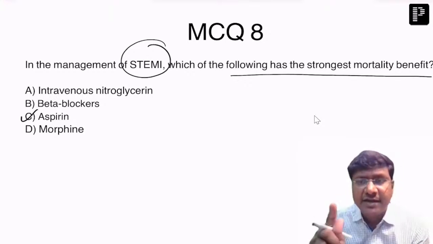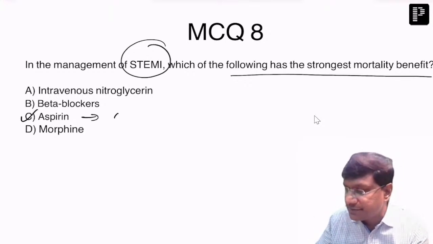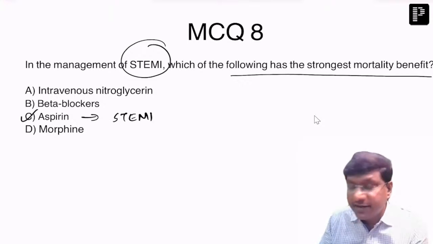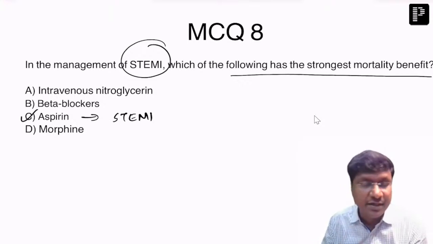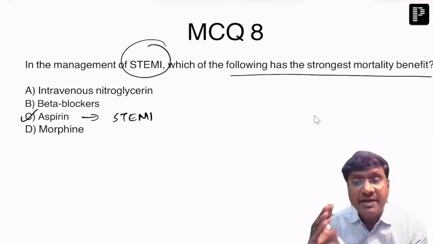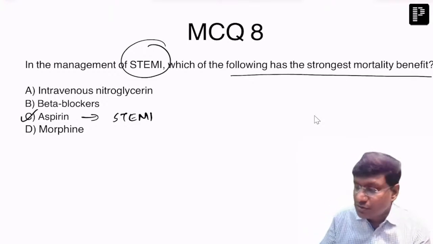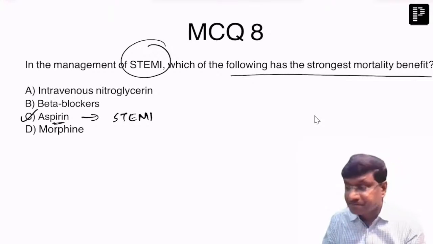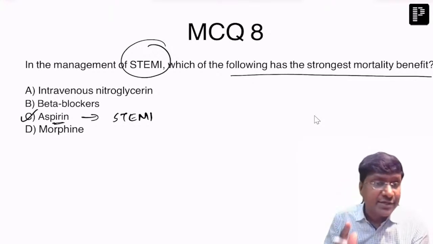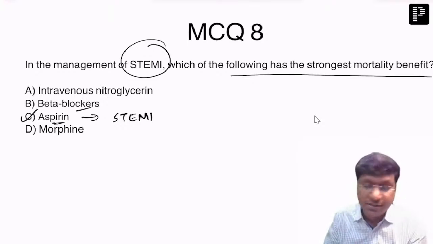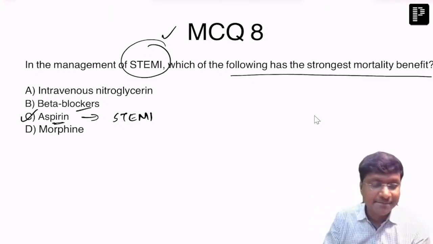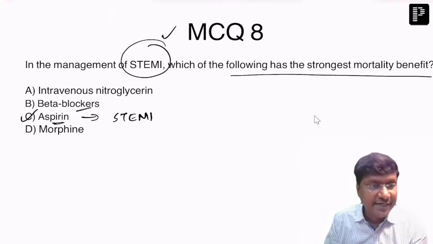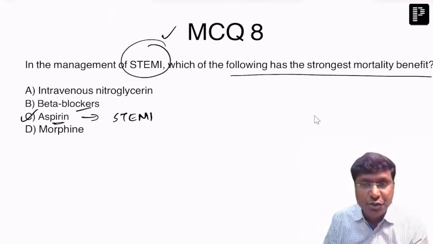It significantly reduces mortality in patients with STEMI, by inhibiting platelet aggregation and reducing thrombotic complications. So the answer is aspirin. I'm not asking about heart failure; in heart failure, yes, the answer is the beta blocker. But this is a scenario of STEMI, so the answer is aspirin here. There is a very high chance that you may answer beta blocker, but it is not the beta blocker.